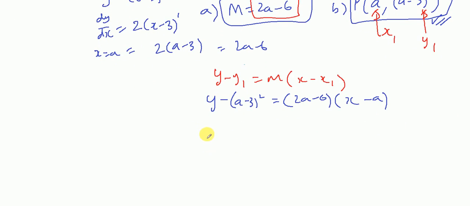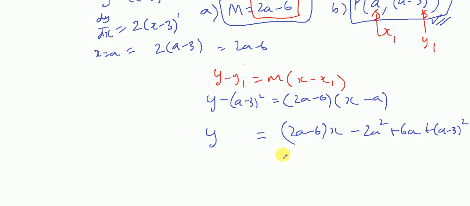And doing a little bit of expansion, I've got y equals (2a minus 6) times x minus 2a times a is 2a squared, and minus 6 times minus a is plus 6a, and then moving this over, plus (a minus 3) all squared. I could do some expansion there.